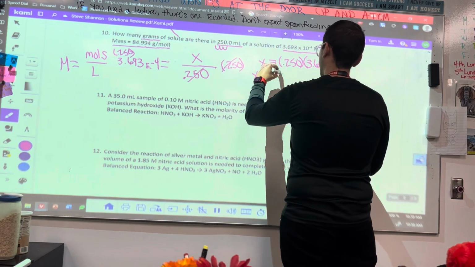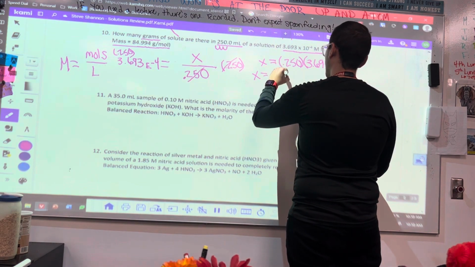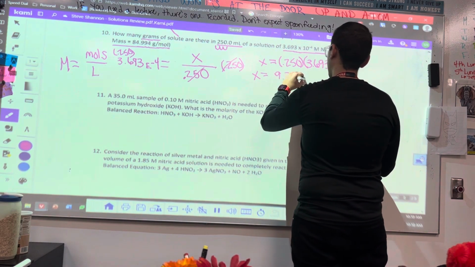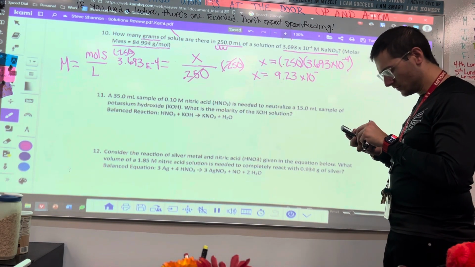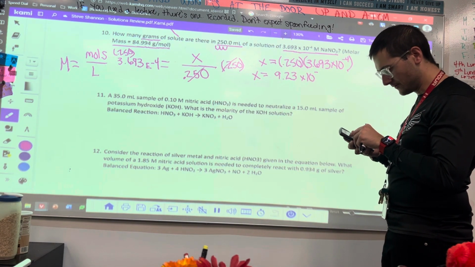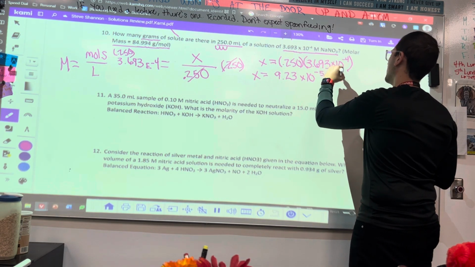And I get 9.23 times 10 to the negative 5 moles of NaNO3.